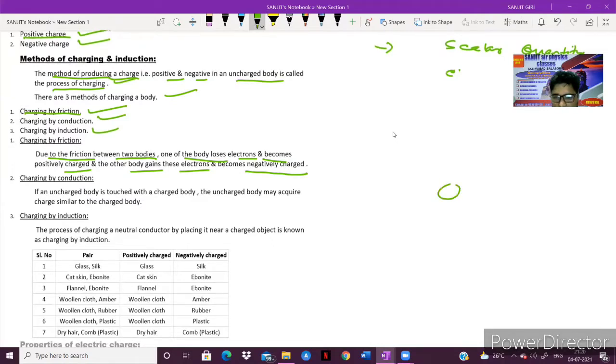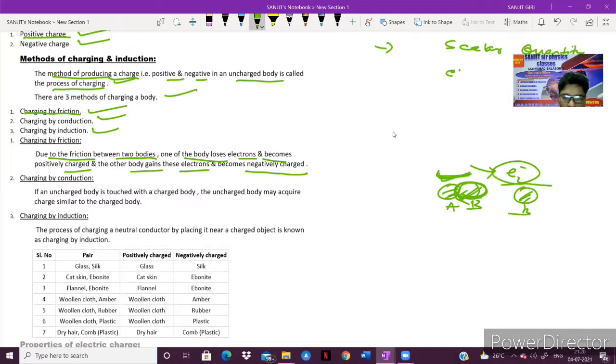Let this be body A and this be body B. If both bodies collide or rub, then the first body loses electrons and becomes positively charged, and the other body gains these electrons, so it will be negatively charged.